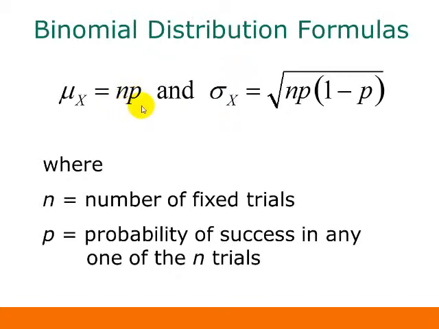So the mean is n times p. The mean, since we're talking about a discrete probability distribution, is the same as the expected value. So this is the mean, it's also the expected value. For the standard deviation, you take the square root of n times p times 1 minus p.